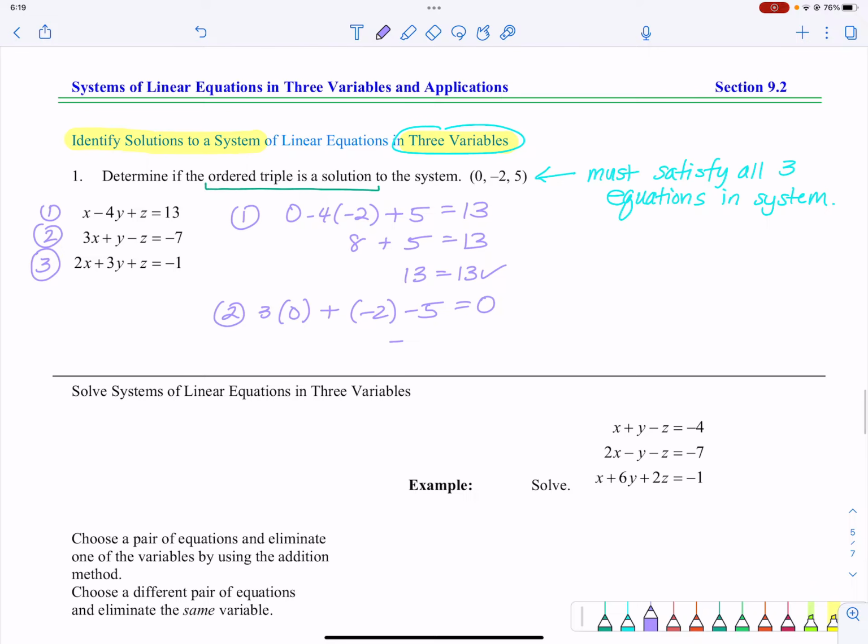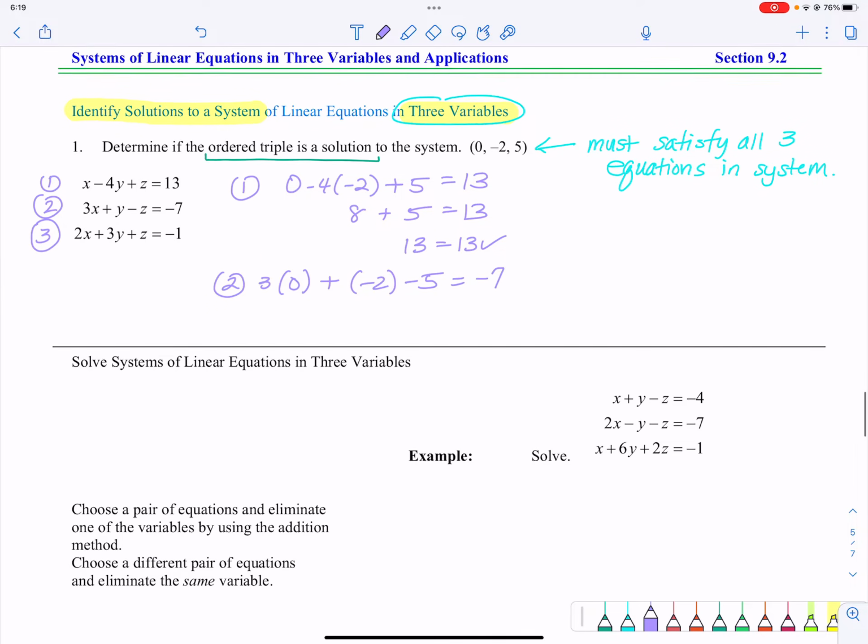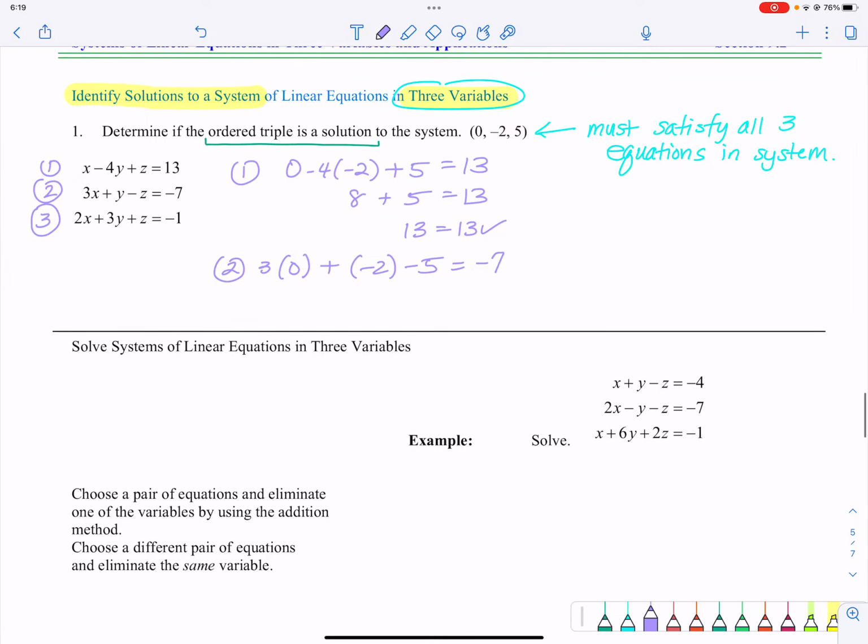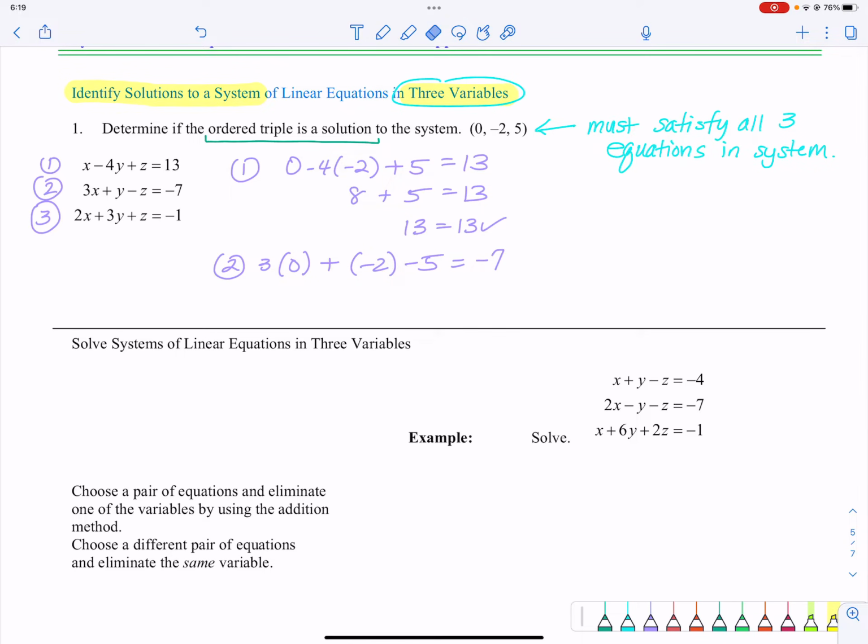That should be a negative 7. Negative 2 minus 5, I'll just keep that, it's not multiplication. So there we have negative 7 equals negative 7. So that works. Now we just have to check equation 3.